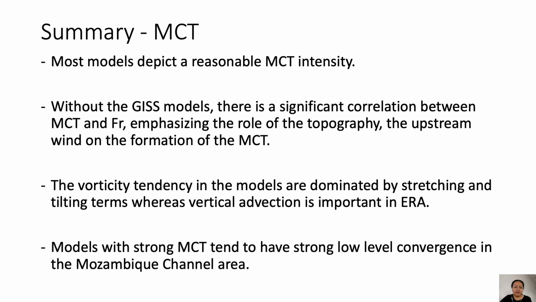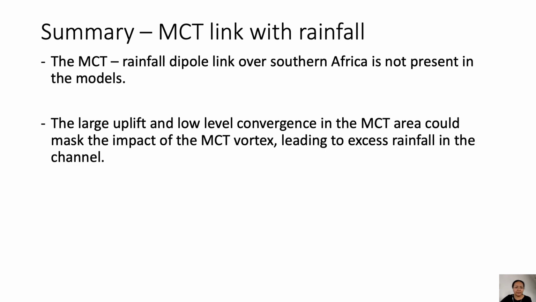The vorticity tendency in the models is dominated by the stretching and tilting terms, whereas vertical advection is also important in the reanalysis. And models with strong MCT tend to have strong low-level convergence in the Mozambique channel area, whereas divergence is seen in the models with weak MCT.